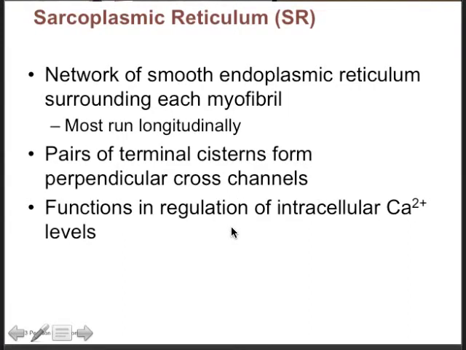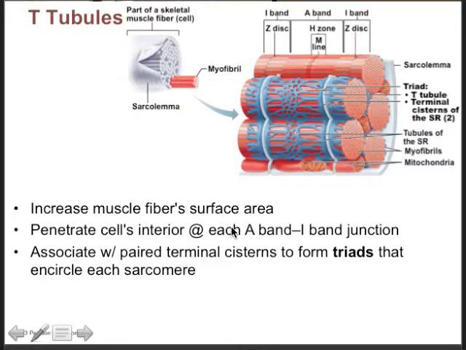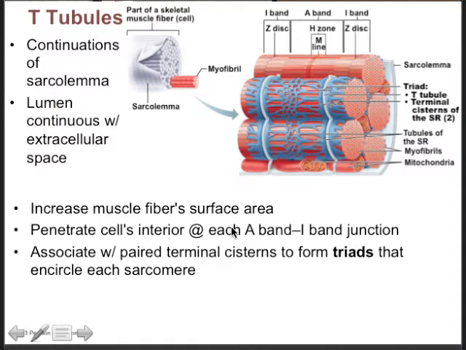It functions in the regulation of intracellular calcium levels, and it stores and releases calcium. So the T-tubules are continuations of the sarcolemma that dip deep down inside the muscle cell so that we can carry the electrical signal into the core of the skeletal muscle.